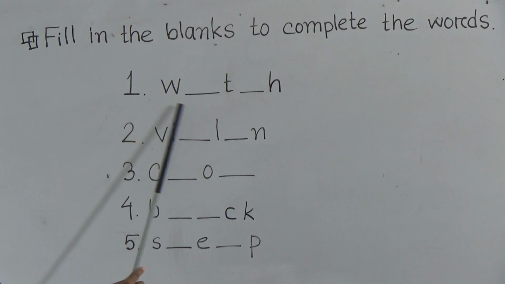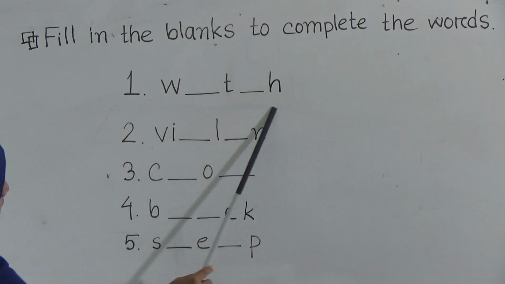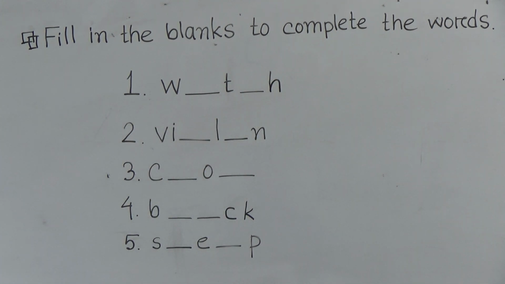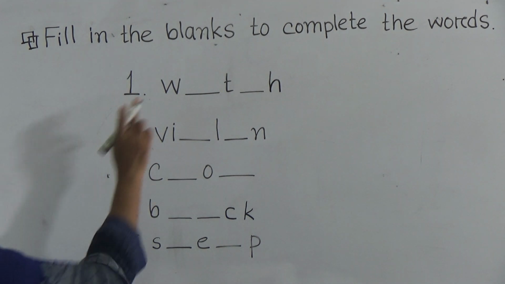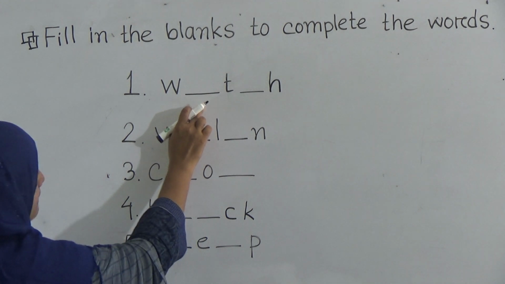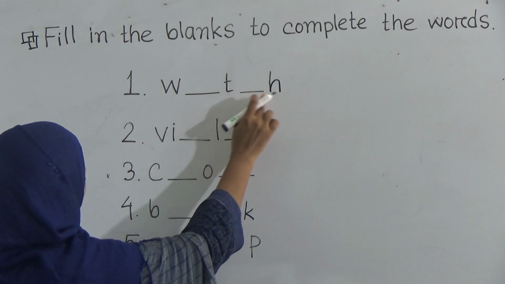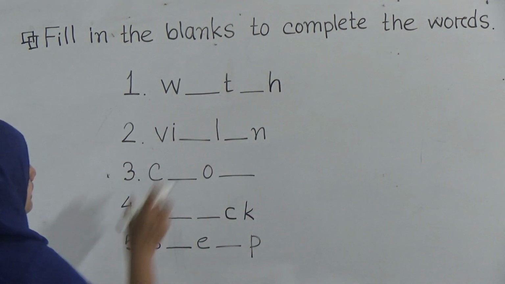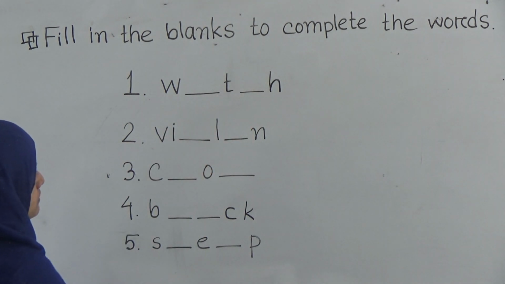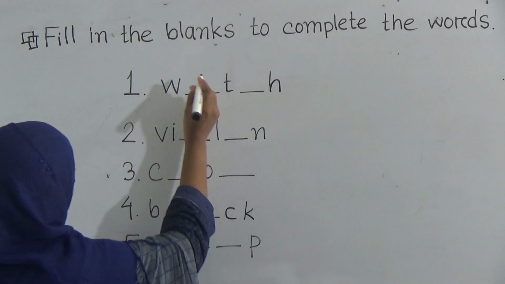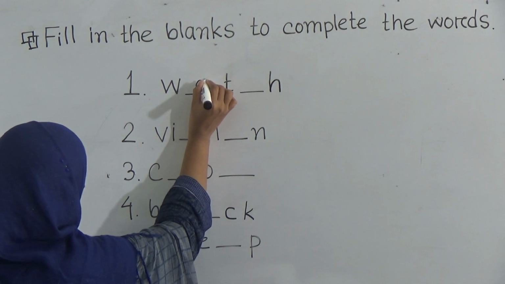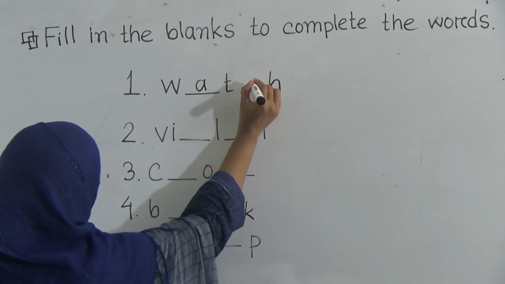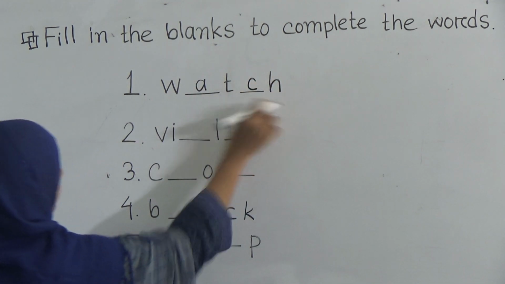So when you fill the gaps, it will be a full word with a meaning. We'll try. W, gap, T, gap, H. It can be watch. Watch will be W, A, T, C, H.